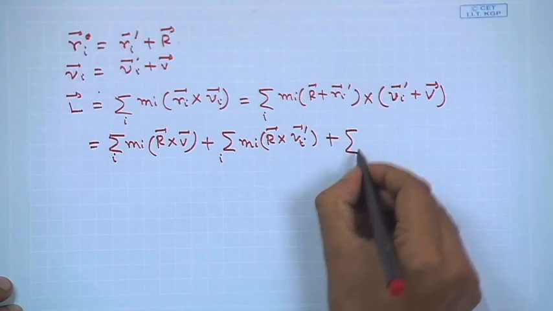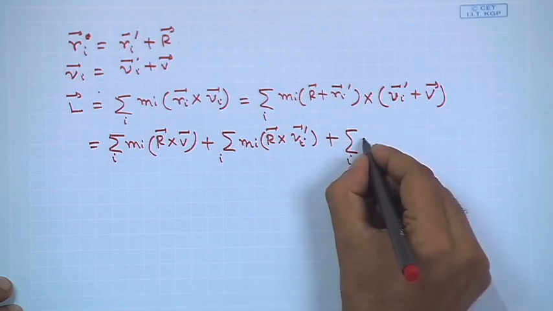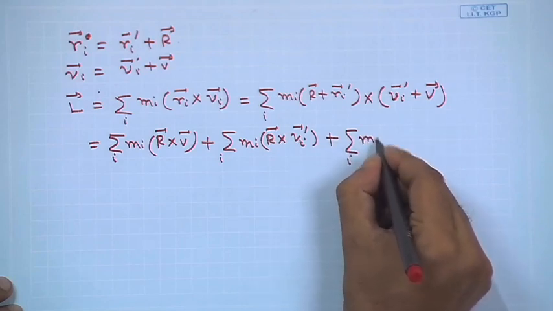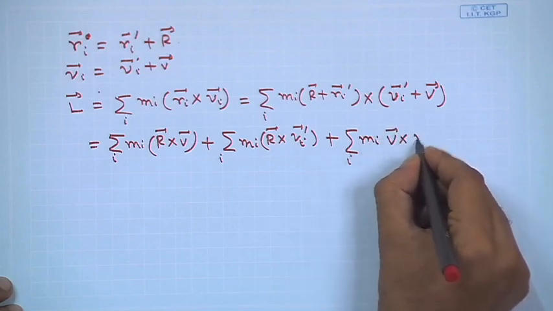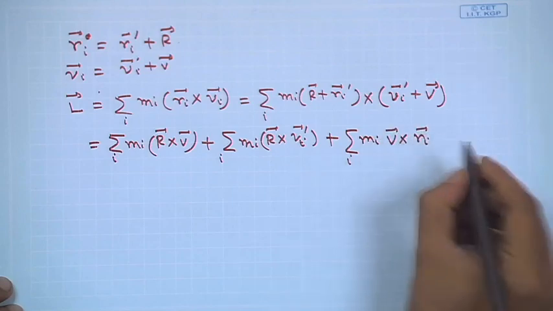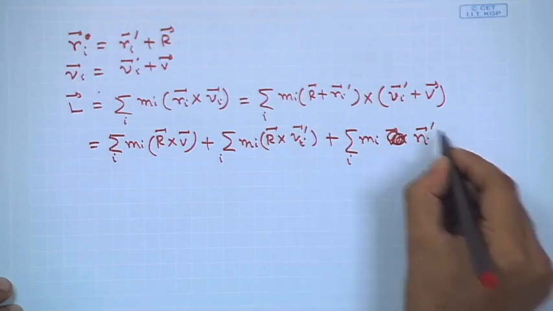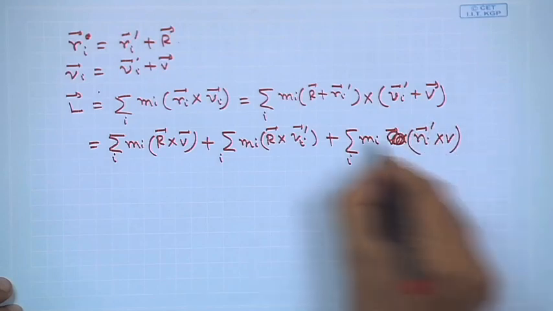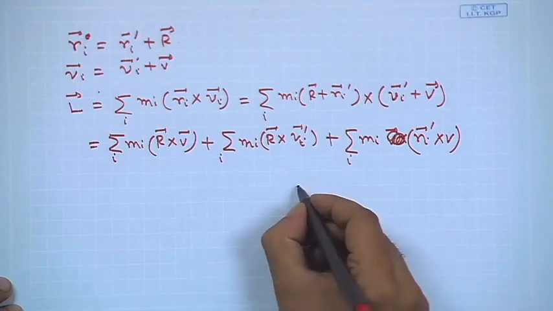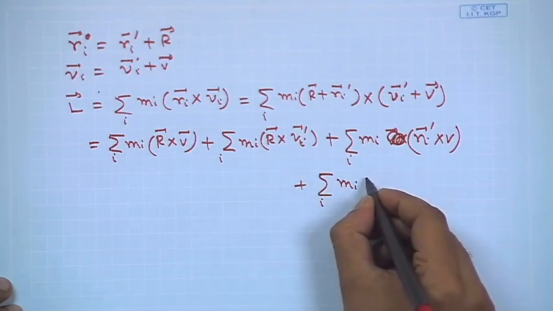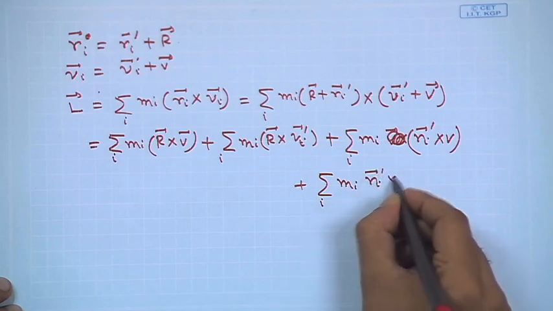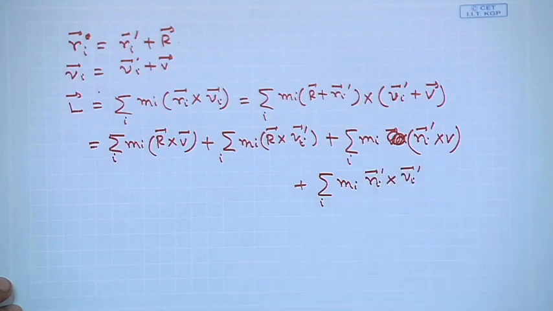plus sum over i m_i r_i prime cross V, that is from this term, and there will be an additional term m_i r_i prime cross v_i prime.